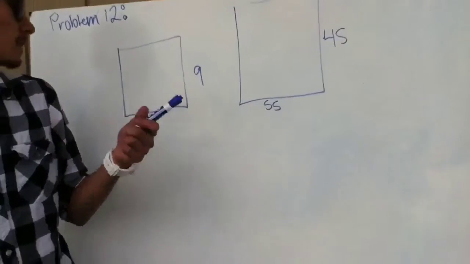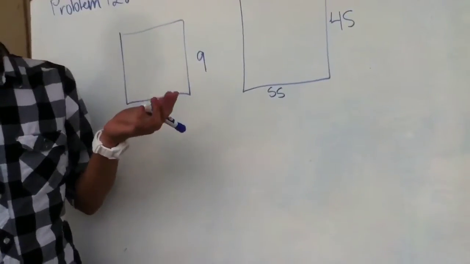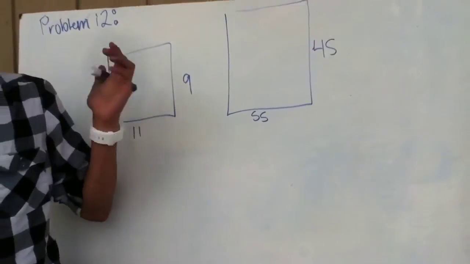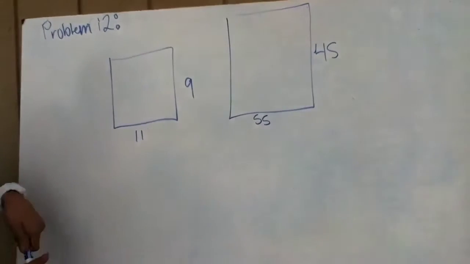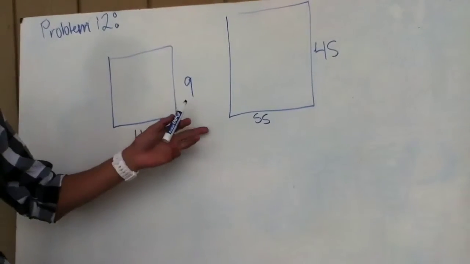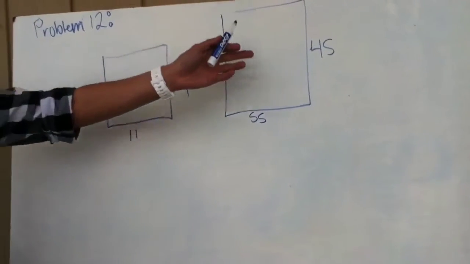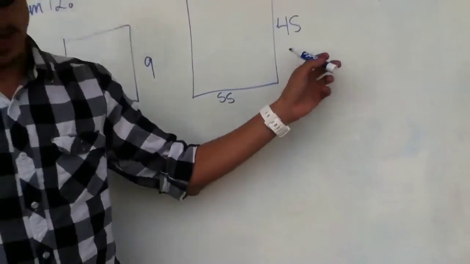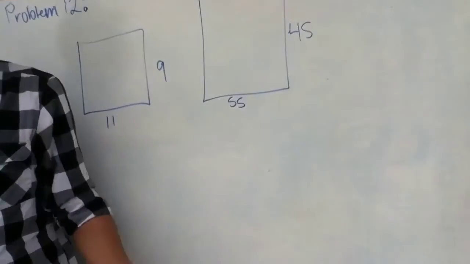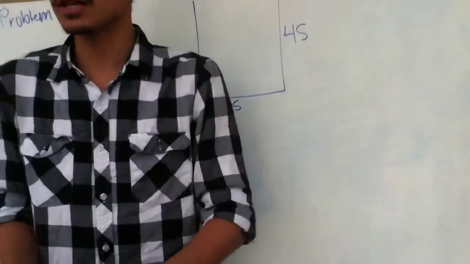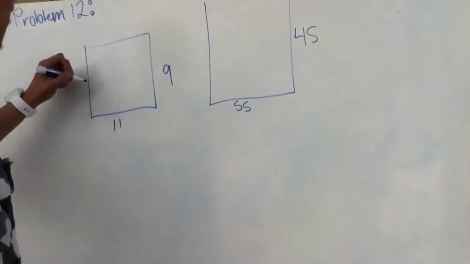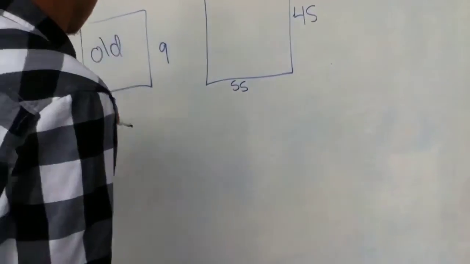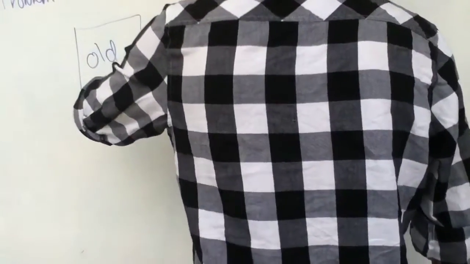Problem 12. Now it may not look like it, but it's a photo. We'll just call it the box. Now it was originally measured 11 by 9. And then it was later enlarged to a size of 55 and 45. All we have to do is find the scale factor. It's pretty much the same thing as number 11. So this is the old one, and this is the new one.